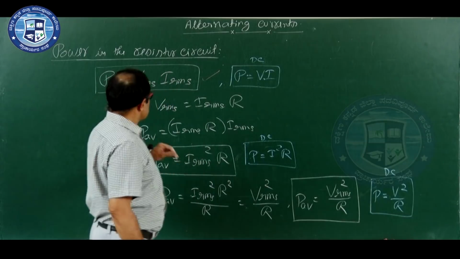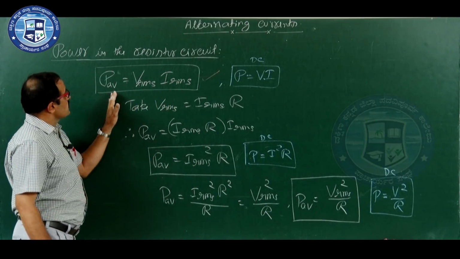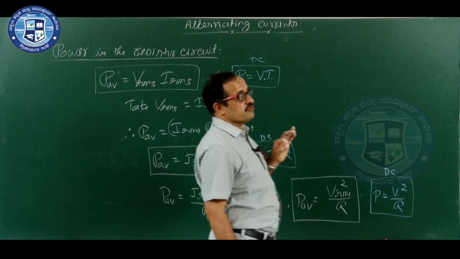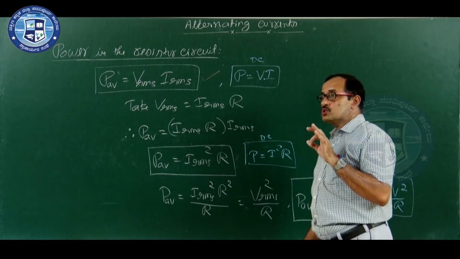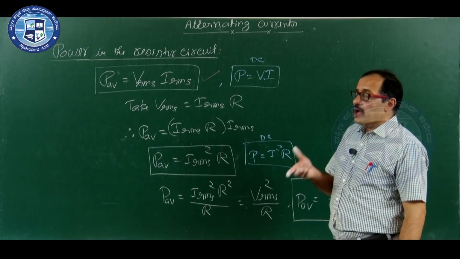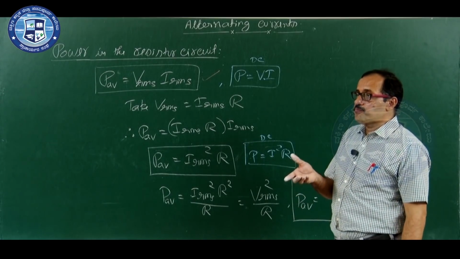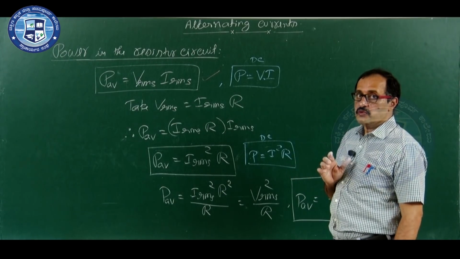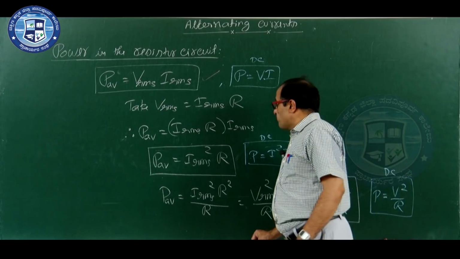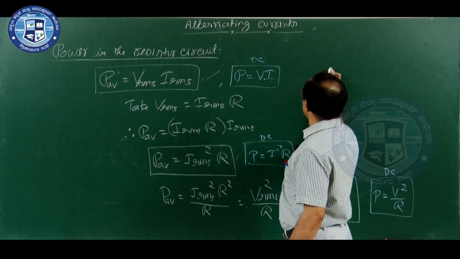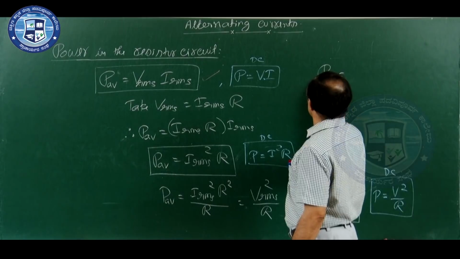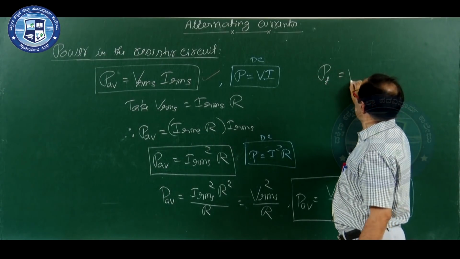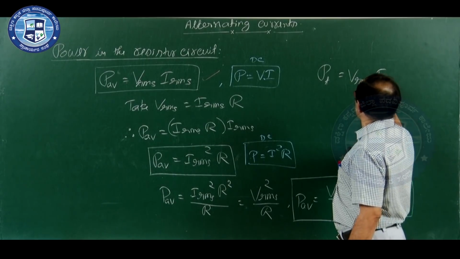And this average power consumption over the complete cycle is also known as true power consumption, which means actual power consumption over the complete cycle. Therefore, in some of the books, instead of writing P average, they write P suffix T. T stands for true power consumption. PT is equal to VRMS into IRMS.